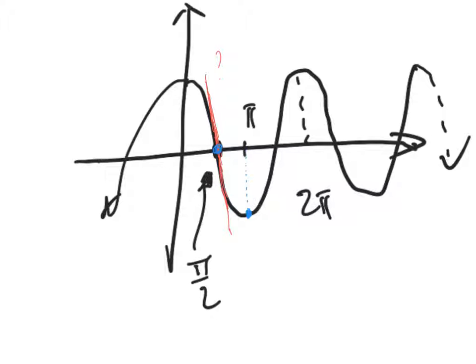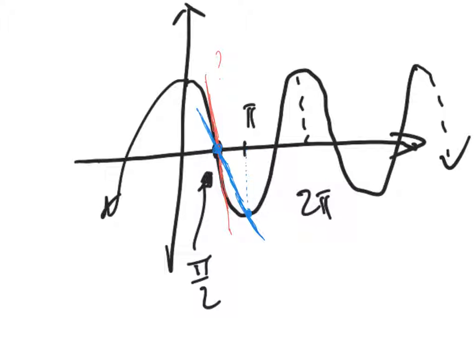I kind of want to draw a perfect straight line, but that's okay. The question asks us to use the slope of this secant line to approximate the slope of this tangent line. So this is the calculation that I need to compute.